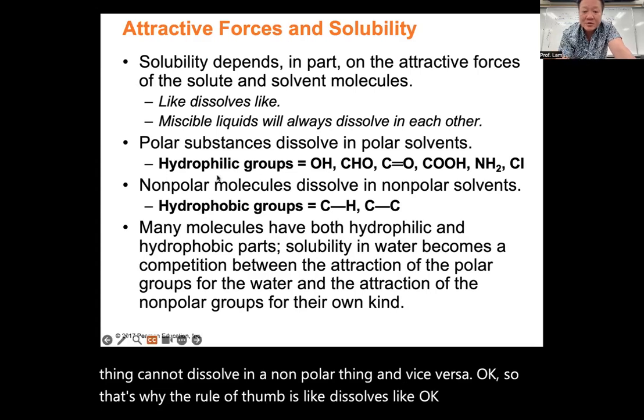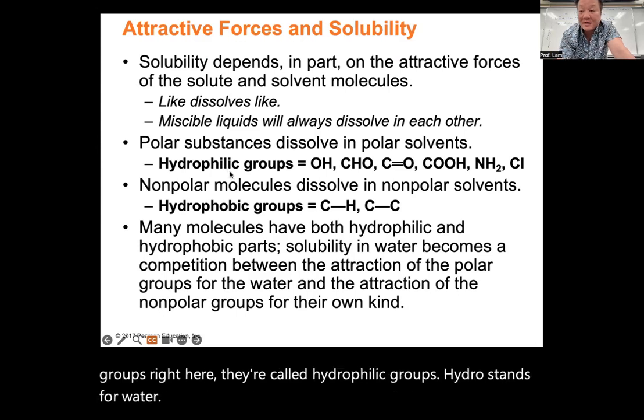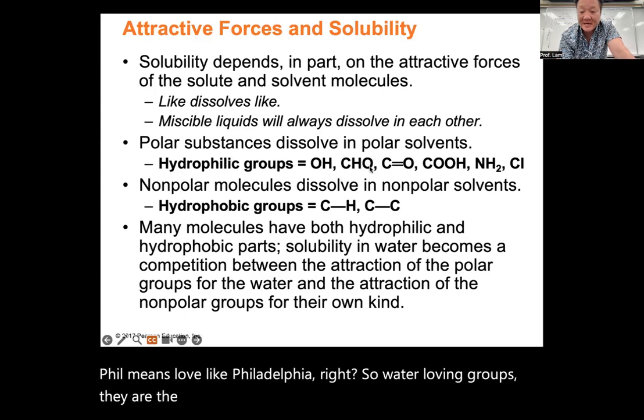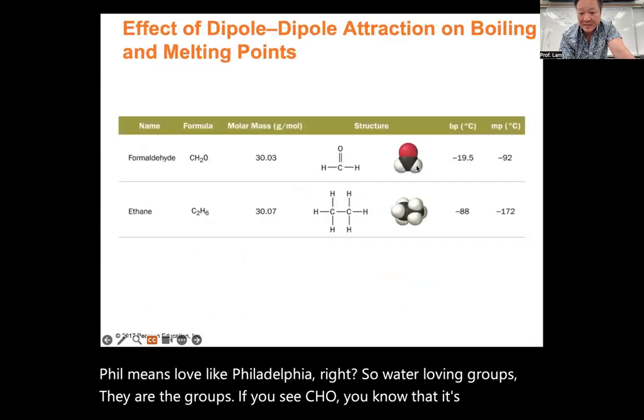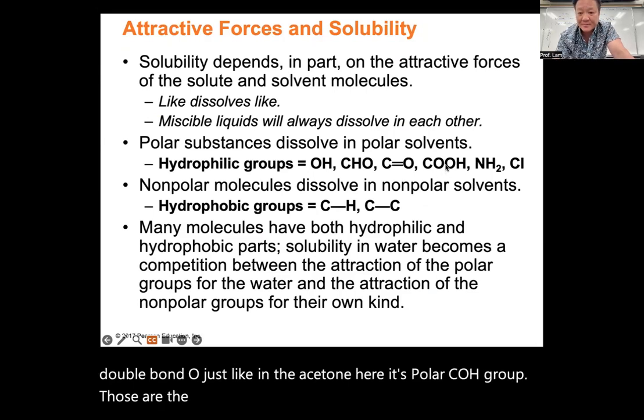Okay, so these groups right here, they're called hydrophilic groups. Hydro stands for water. Phil means love, like Philadelphia, right? So water-loving groups, they are the OH groups. If you see CHO, you know that it's polar. C double bond O, just like in the acetone here, it's polar. COOH group, those are the acid, like carboxylic acid or acetic acid.